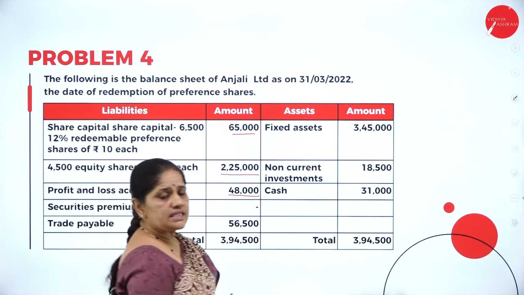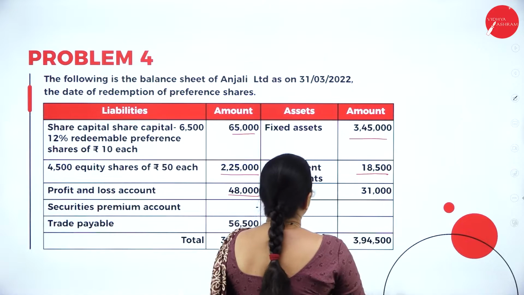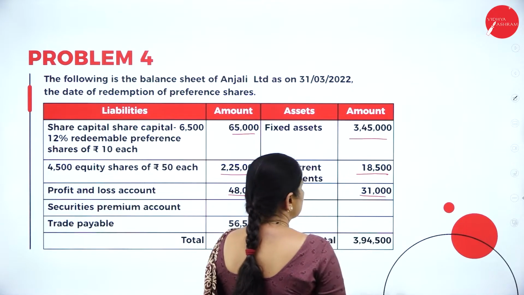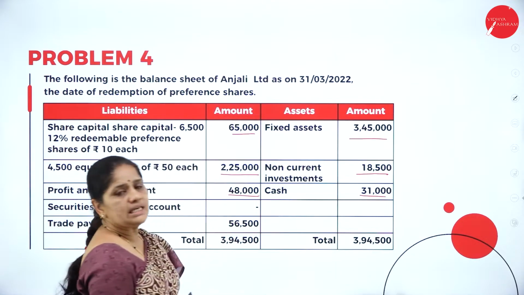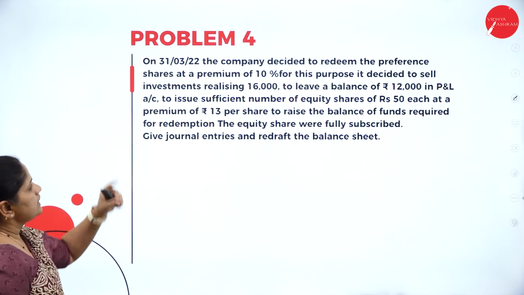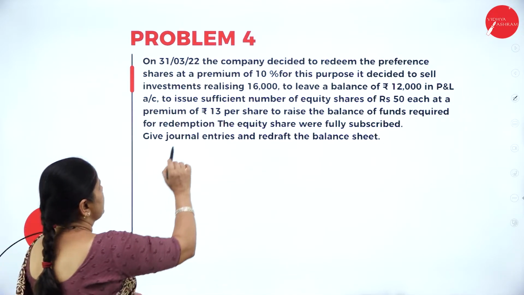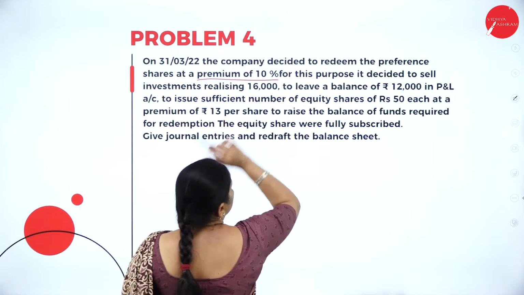Then in the fixed assets we have 3,45,000, non-current investment 18,500, cash 31,000. So total is 3,94,500.